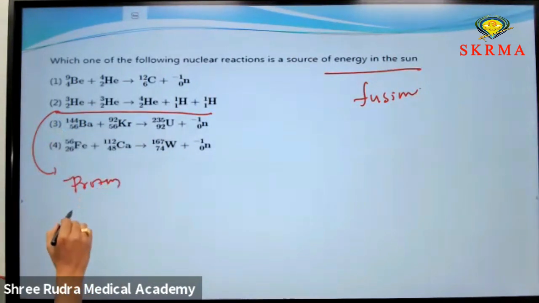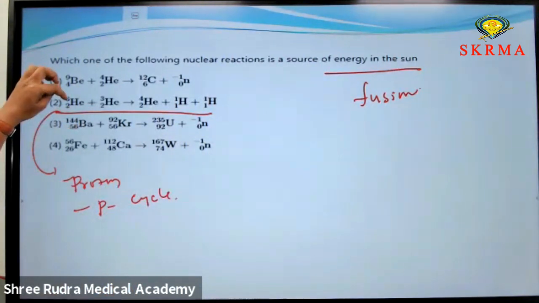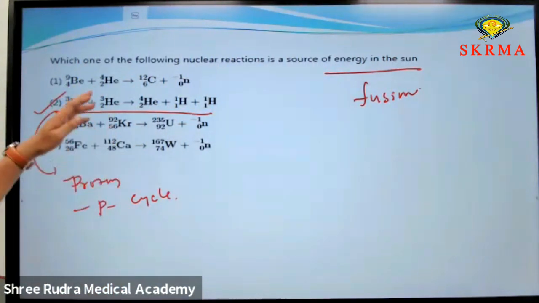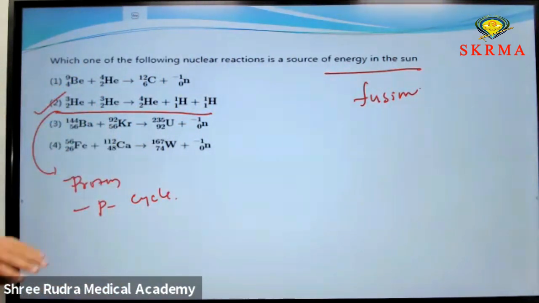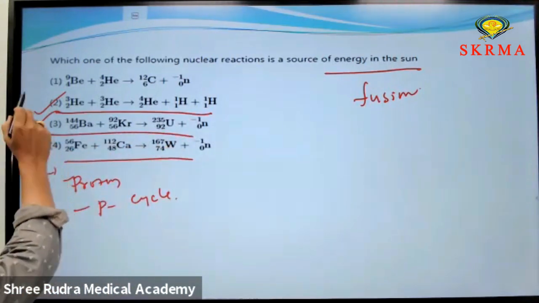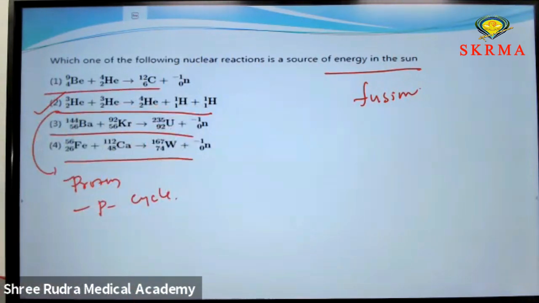In the proton-proton cycle, the final components 2He3 and 2He3 combine to form 2He4, and two protons are formed again. The cycle starts again. That's why the correct option is the second one. In the remaining options, none is correct. Why? Because here a heavier nucleus is formed, here a heavier nucleus is formed, here also a heavier one is formed. The correct option is option 2.